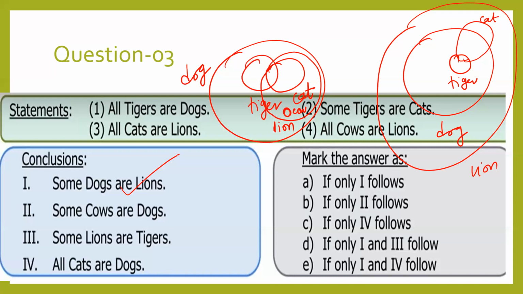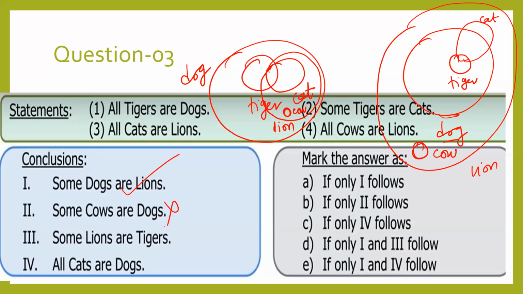Then all cows are lions. Here is a cow, this is dog. Here, all cows, this dog and cow. Some cows are dogs, so it can be true. It cannot be true.